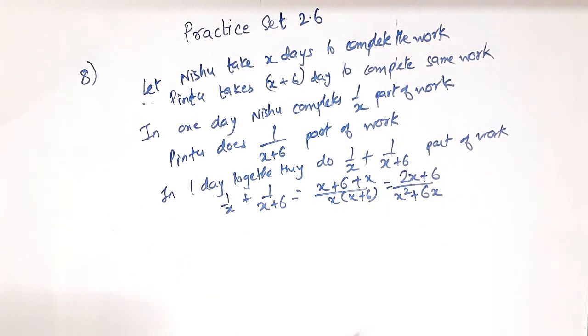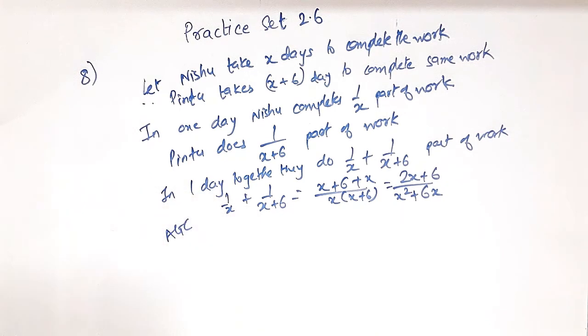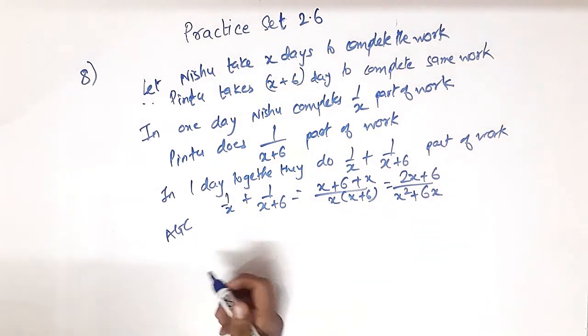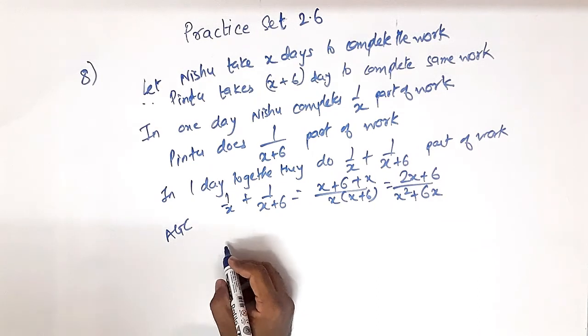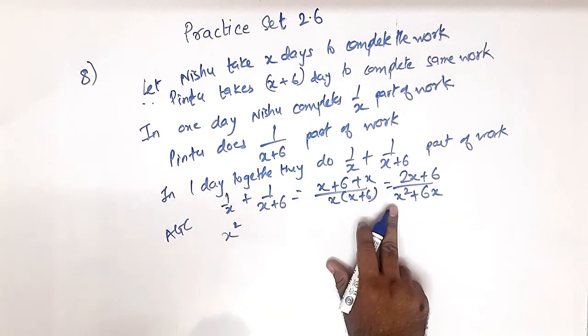Now from the given condition, together they do the work in 4 days. So how will we do that? Very simple. Together they do the work in 4 days, so this they do in one day.